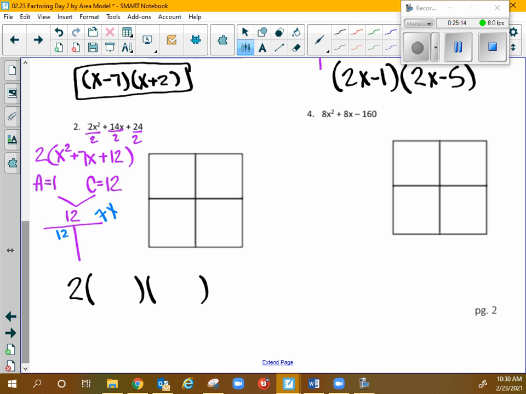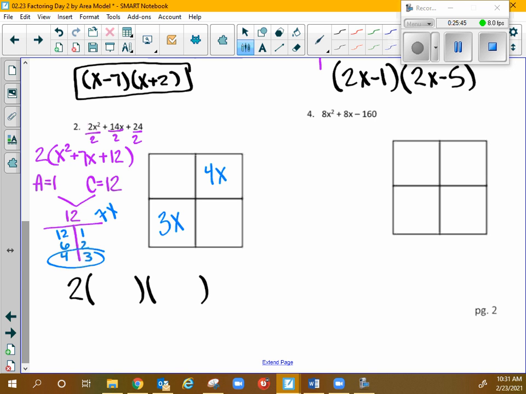So 12 and 1, 6 and 2, 4 and 3. Which one of those will work? 4 and 3. So go ahead and throw those in your diagonal. 4x, 3x. But does it matter the squares? Nope, as long as you pick those diagonals. These two can swap as long as the top right and bottom left are your factors.